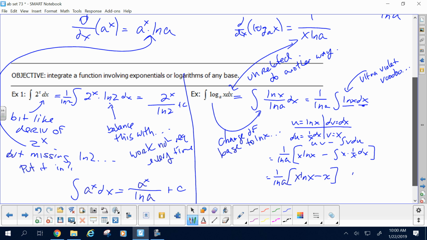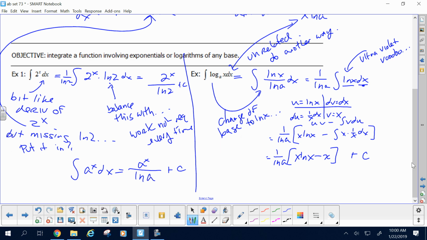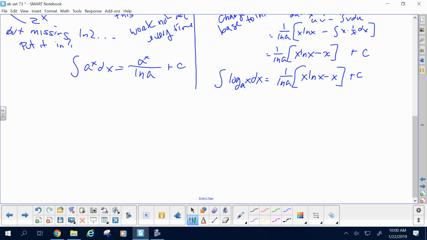X plus C. So then, what we see then is the antiderivative of log base anything besides e is 1 over log of the base times the antiderivative of natural log, which by ultraviolet Voodoo is that.